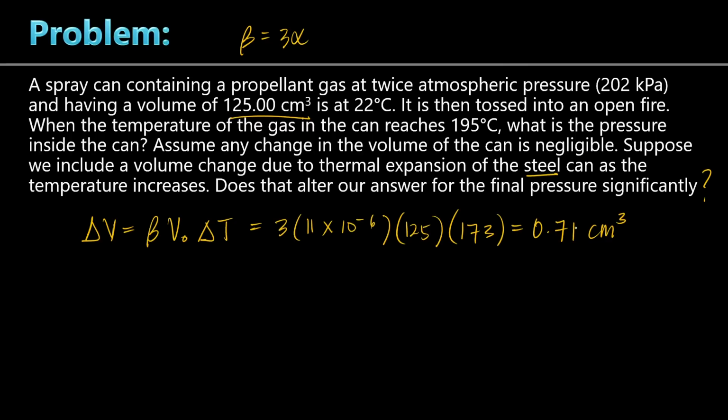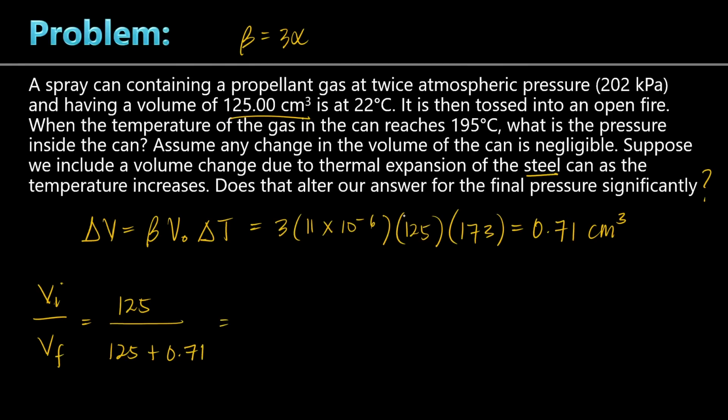Okay. Tanong, ito kaya ay significant ang effect? Kuhanin natin yung percentage ha. Initially, ang kanyang volume, gawin nating VI over VF. Ano ba ang VI over VF? VI over VF is 125, no? Divided by itong 125, dadagdagan natin ngayon ng expansion na 0.71.